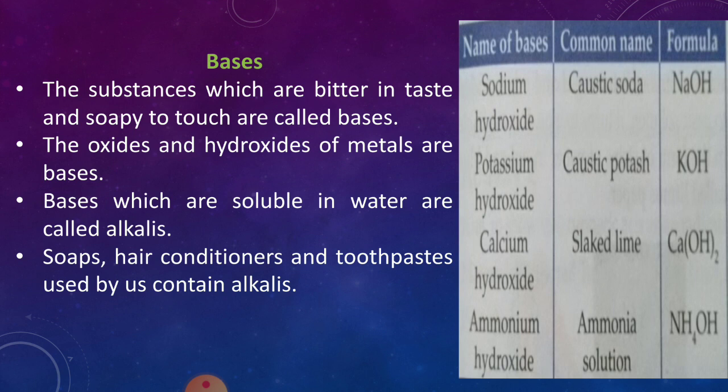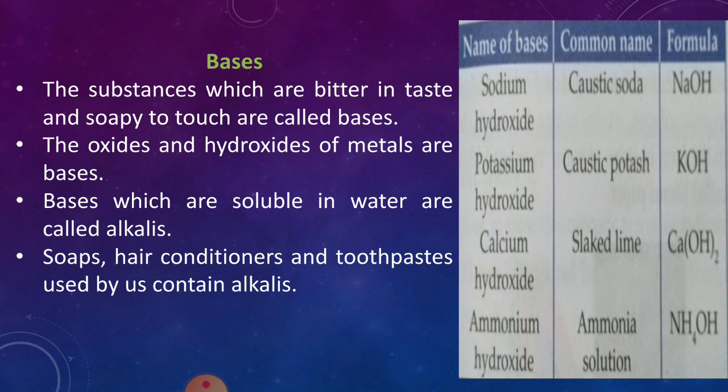When rainwater comes, they react with water and oxygen. Carbon dioxide or carbon monoxide can produce carbonic acid, sulfur oxides can produce sulfuric acid, and nitrogen oxides can produce nitric acid.